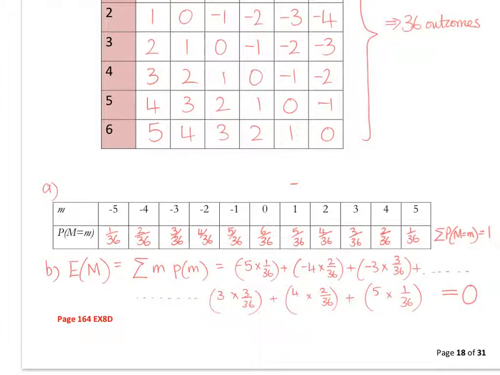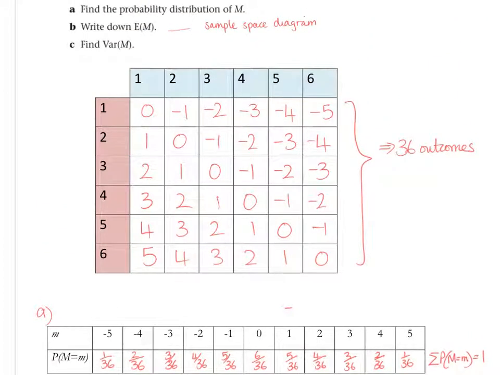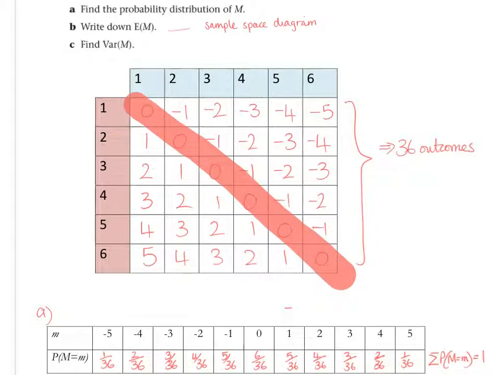And that's also quite apparent from the table. If you look at the diagonal going down there, you can see that the table is symmetrical, and by symmetry the expected value that you would get would be that middle value.